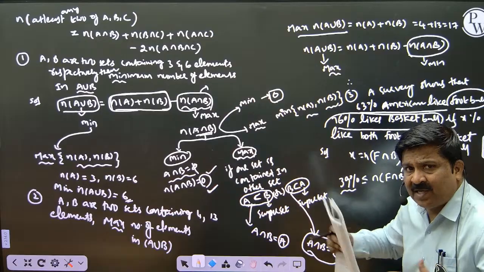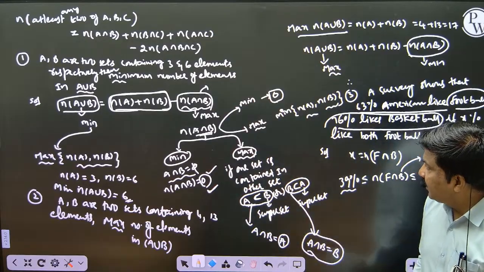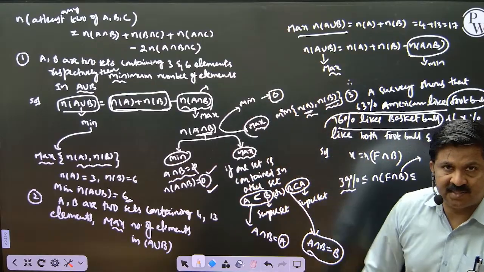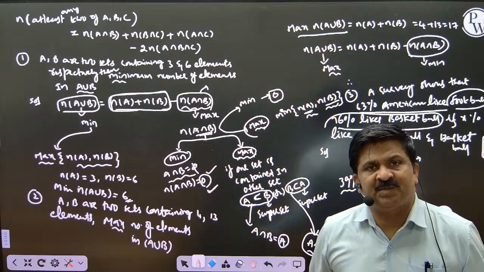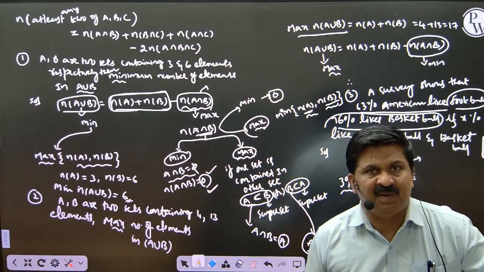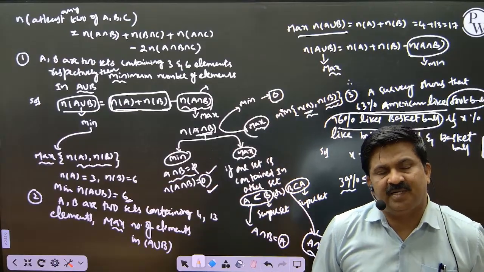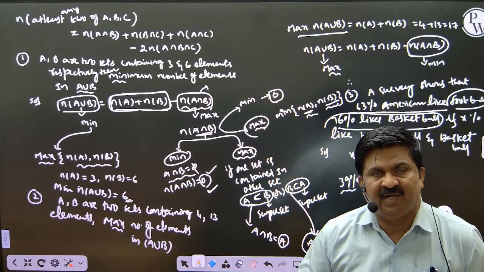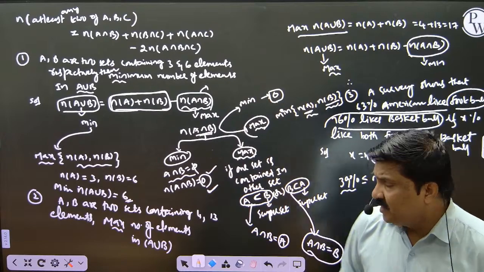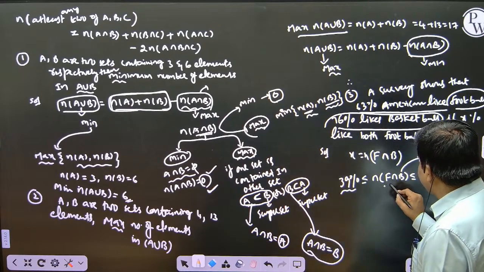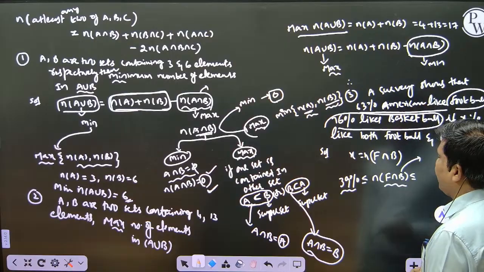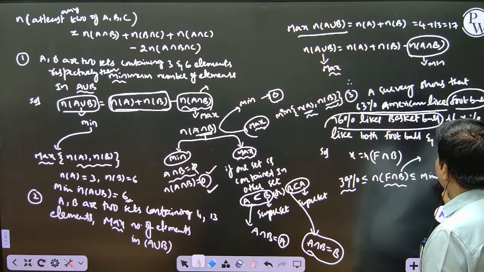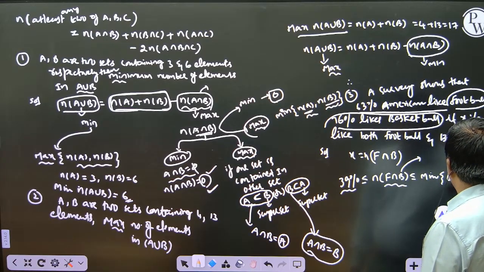But the maximum possible commonality is what? I already told you that n of A intersection B is a maximum when it is the minimum of these two. The maximum possible commonality is always the minimum of those two available values. The maximum of n of A intersection B is the minimum of those individuals A and B. So here the maximum of n of F intersection B is the minimum of 63 comma 76.